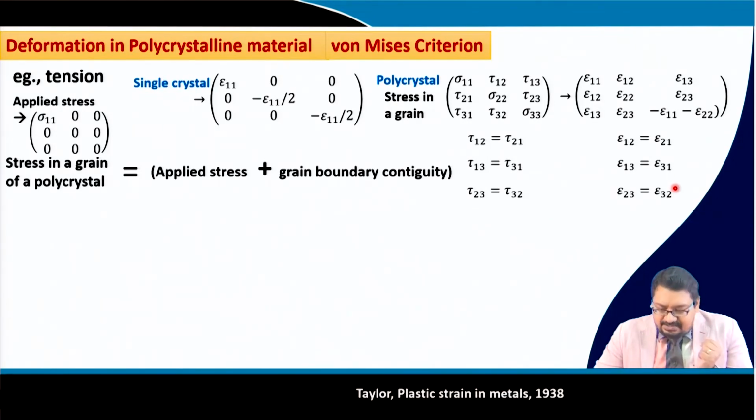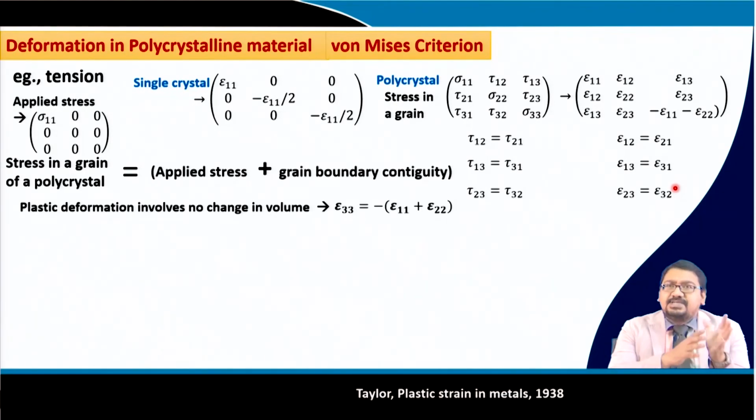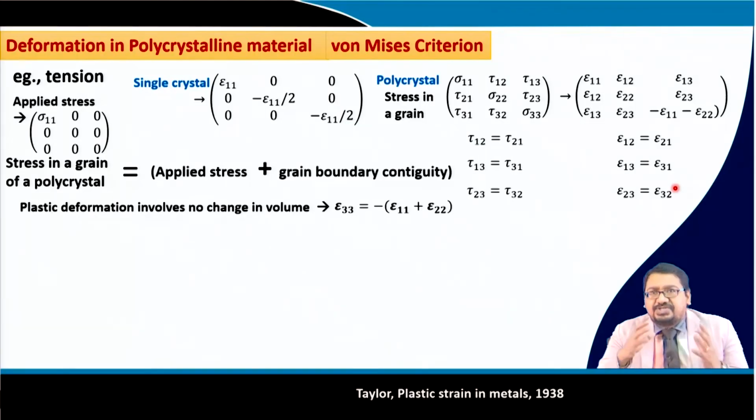On the other hand, the plastic deformation, as I said in the very early classes, involves no change in the volume. So, during the plastic deformation, the volume of the material remains the same, the shape of the material changes. So, epsilon 11 plus epsilon 22 plus epsilon 33 is equal to 0.